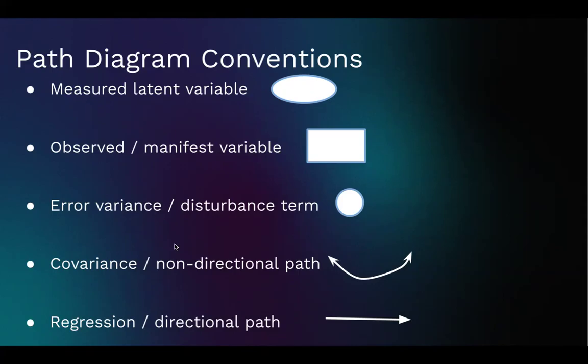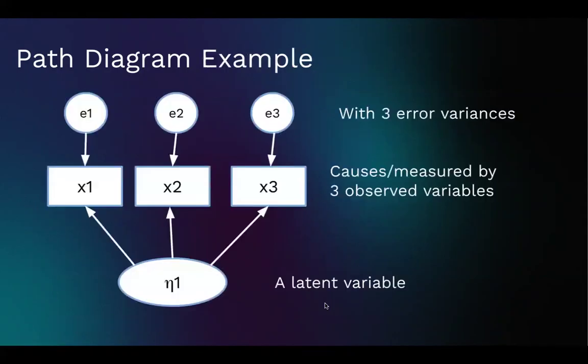And then we also have this double-headed arrow, which represents covariance. It's not necessarily implying any direction between entities. And then we have the regression or directional path, represented as a single-headed arrow. So this is an example of a path diagram.